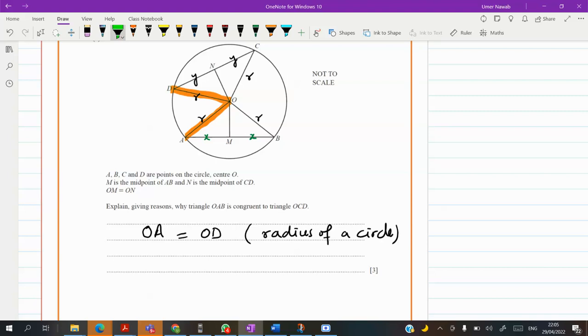Again, OC is equal to OB. What is the reason? Radius of a circle. Done.